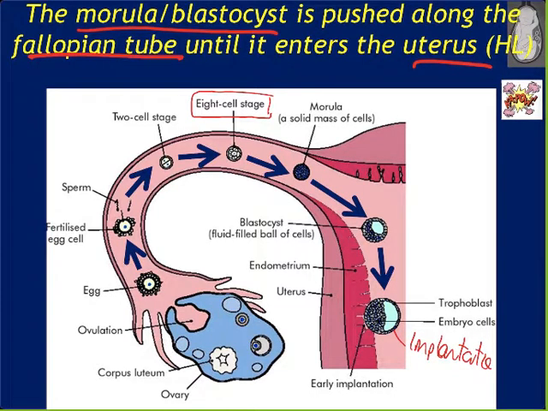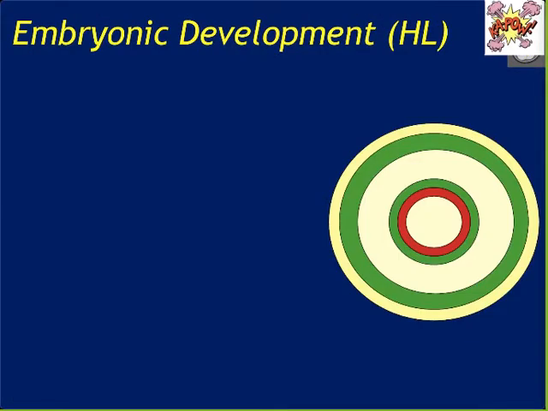Okay, so we just have morula is the solid ball of cells. The blastocyst is half hollow, and you've got your part for your embryo in there. So in this little section we're just talking about the tissues now. What are the things that the tissues become?